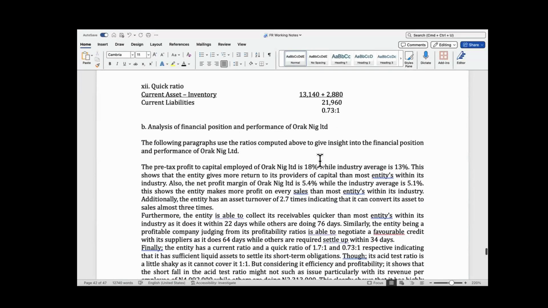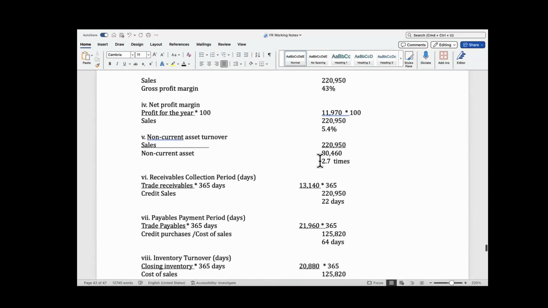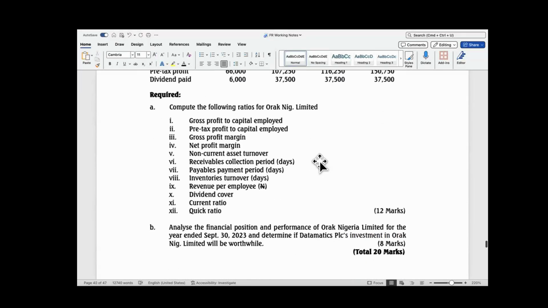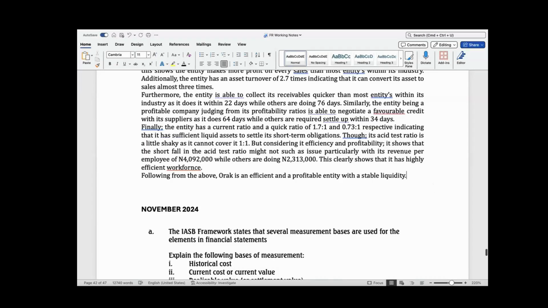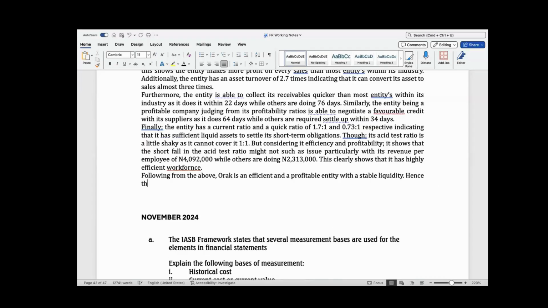Hence, the investment of Mathias in Oracle Nigeria Limited will be a worthwhile investment.